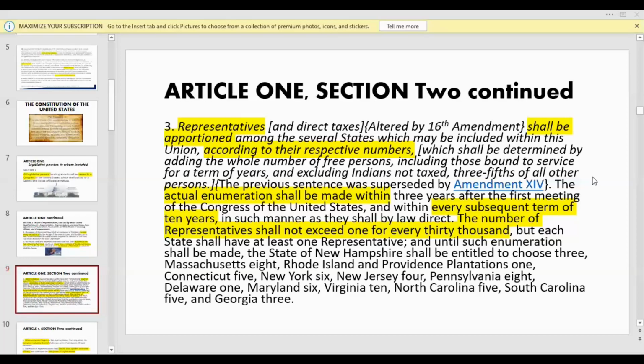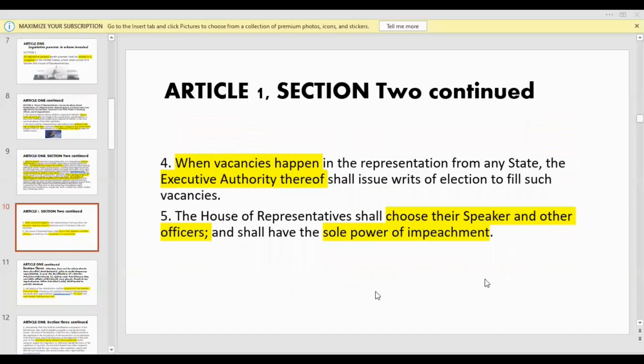Okay, let's move to the next slide. So what happens if you have a member of the House of Representatives who dies or resigns or gets sick or otherwise can't do the job in the middle of their 2-year term? The state executive power chooses the person to fill the vacancy. They can do it in a variety of ways.